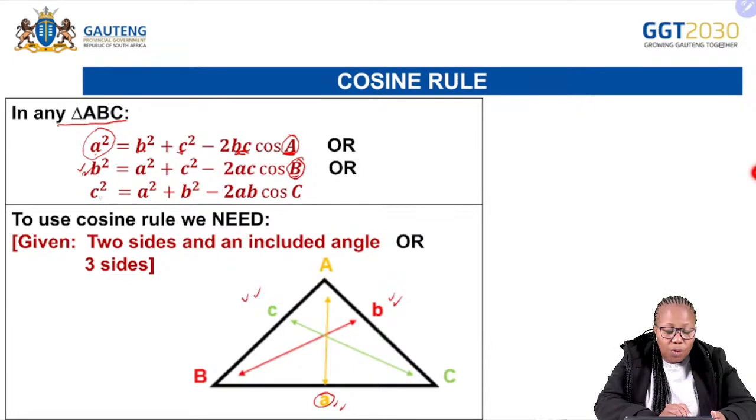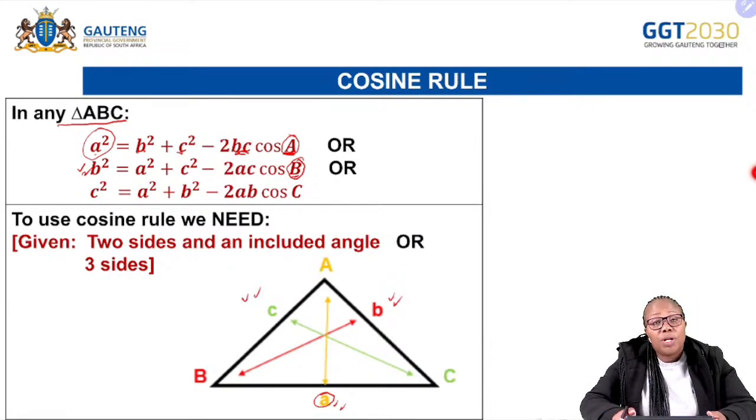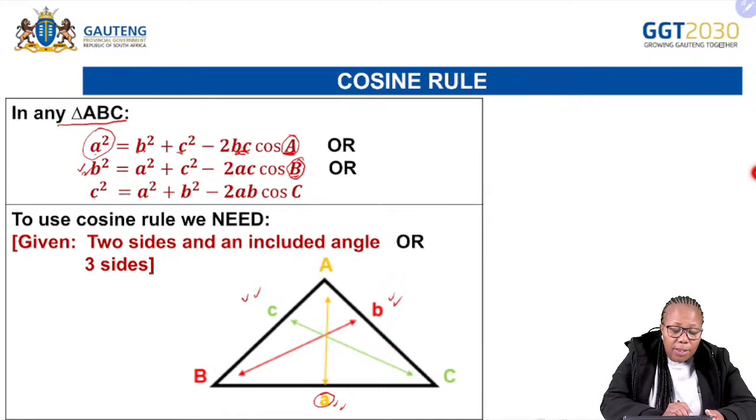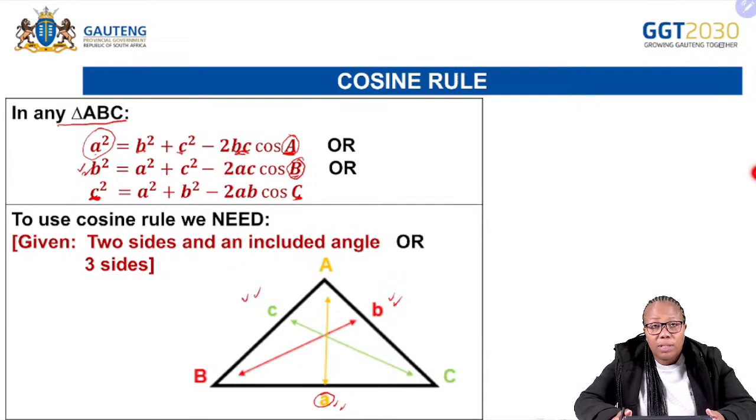Or you can use it as c squared equals a squared plus b squared minus 2ab cos C. Grade 12, what is important is that the side here must correspond with the angle there. That is very important to be able to find that unknown side.